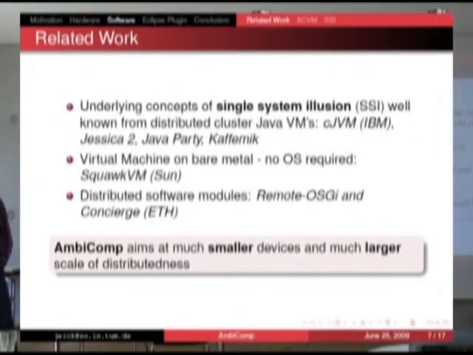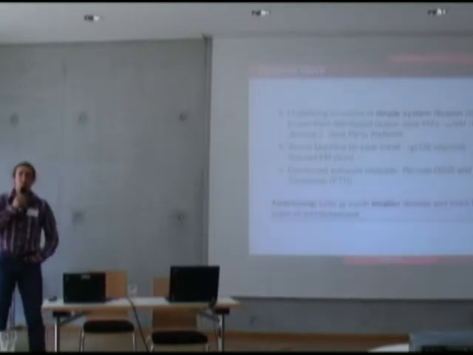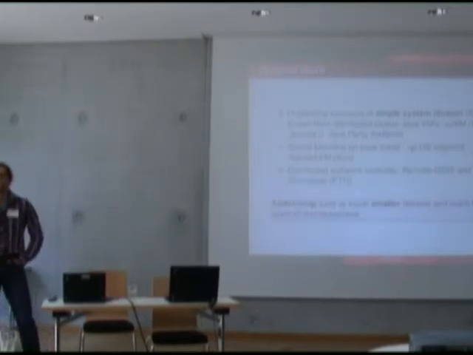At first, the Ambicomp system tries to provide a single system illusion. This is a concept that is already known from the field of supercomputing or cluster computing. A single system illusion, especially when implemented through a Java VM, provides you with a platform where you can write applications for a multitude of computing nodes and write your application in the same way as you would do for a single multi-core processor.